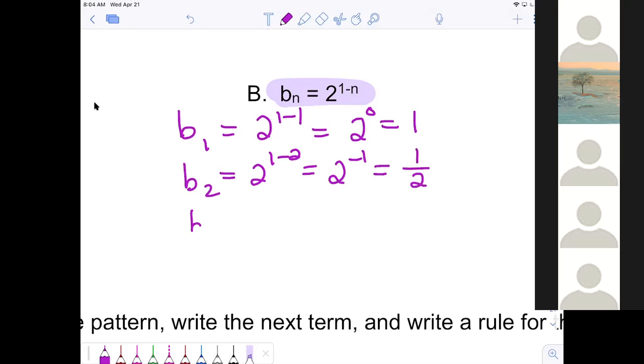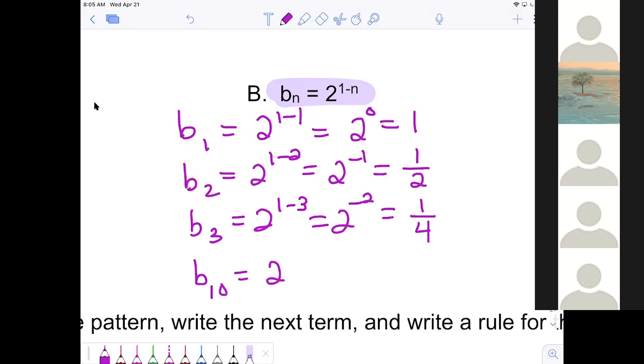So let's try 3. 1 minus 3 would be 2 to the negative 2. So that makes 1/4. Nice job. And then we're asked to plug in a 10, which is 2 to the negative 9. You know what 2 to the 9 is?